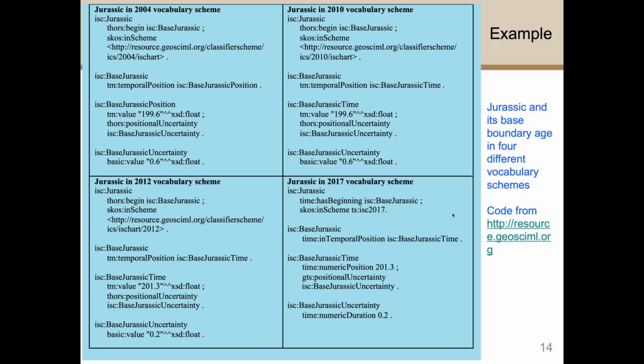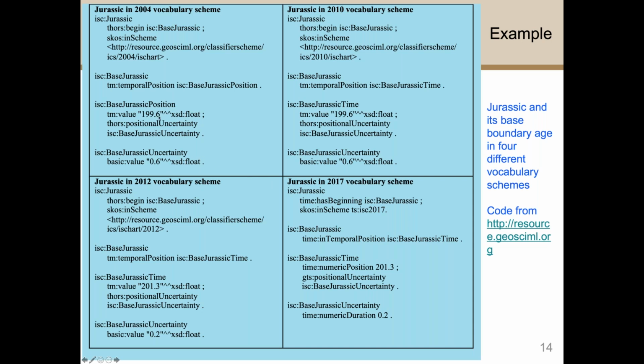Okay. Let me show you some source code. If you look at those 4 small windows, here is a representation. This is Turtle code representing the base boundary age of Jurassic in 4 different vocabulary schemes: vocabulary scheme 2004, 2010, 2012, and 2017.